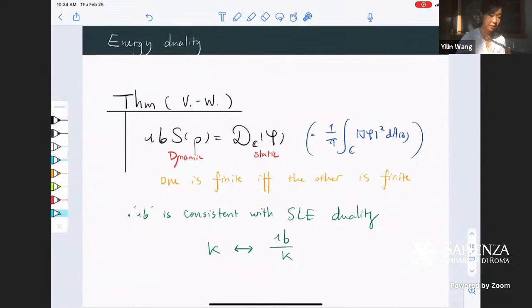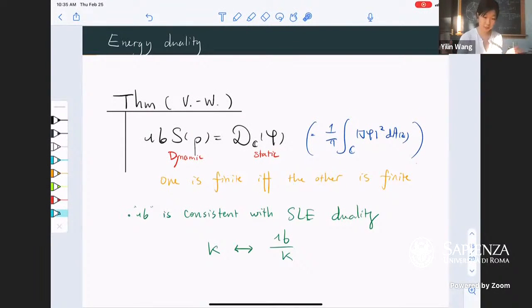Our quantitative result says that 16 times the Loewner-Kufarev energy equals the Dirichlet energy of this winding function. Again, on the left-hand side, this is a dynamic definition. With a family of measures, you have to generate dynamically the whole bunch of domains. And on the right-hand side it is static.